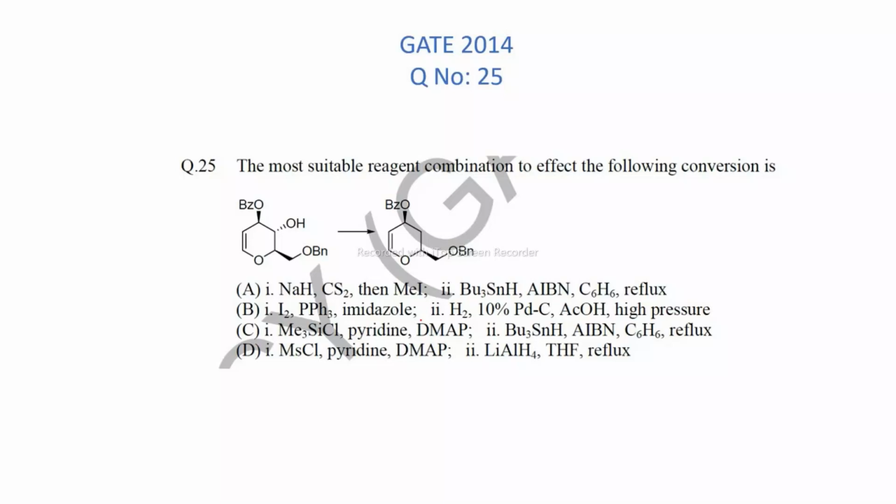The fourth option is trimethylsilyl chloride, pyridine, N,N-dimethylaminopyridine, and then tributyltin hydride, AIBN, benzene, and reflux. And option D is mesyl chloride, pyridine, DMAP, lithium aluminum hydride, THF, and reflux. So we have to find out which option is correct.